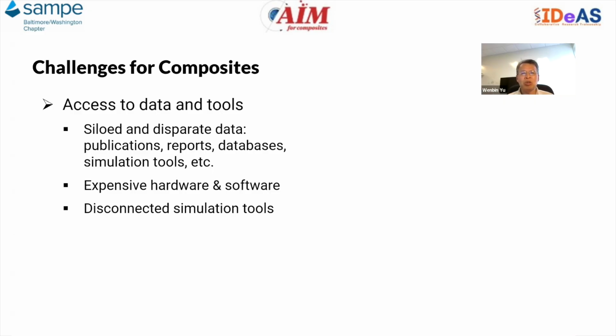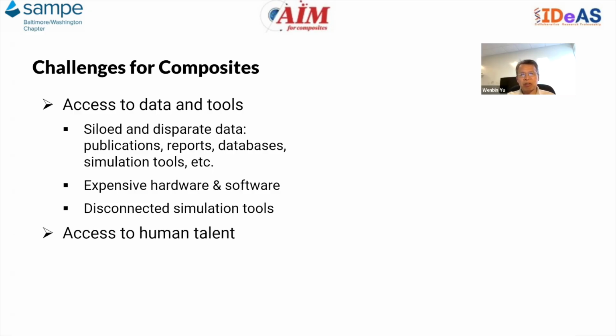And also simulation tools belong to different vendors and different license mechanisms, and sometimes even hardware specific. So it becomes not easy to access and use. And also simulation tools are disconnected. Usually, if you want to do the entire life cycle or the entire workflow for the composite, you need multiple tools to connect together. That's what the digital twin and ISME are doing there.